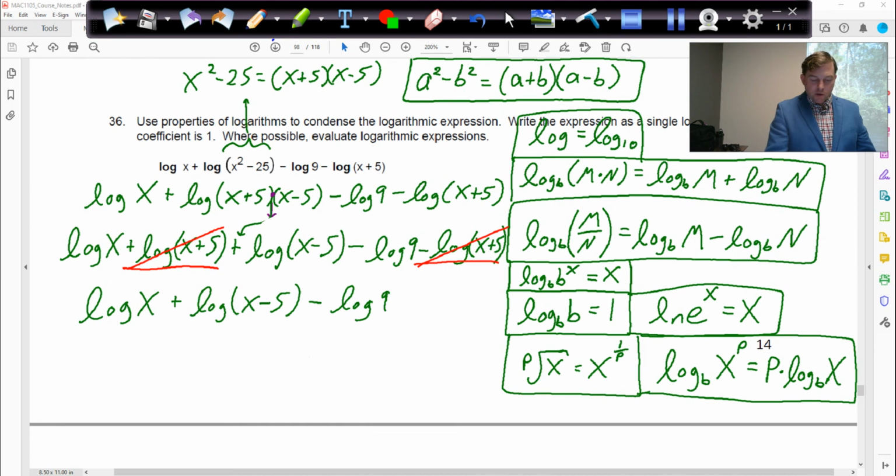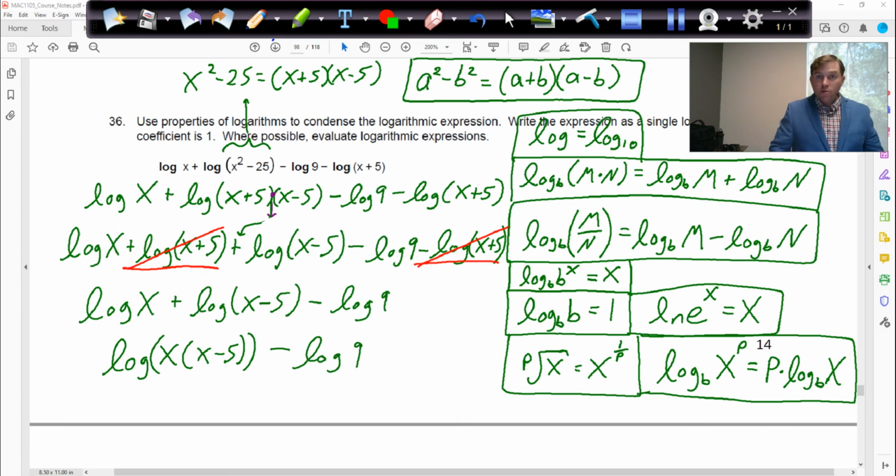Okay, now we're going to combine two logs being added into one log being multiplied. So it's going to be log x times x minus 5 minus log 9. And now we're going to take two logs being subtracted and make them one log of division.